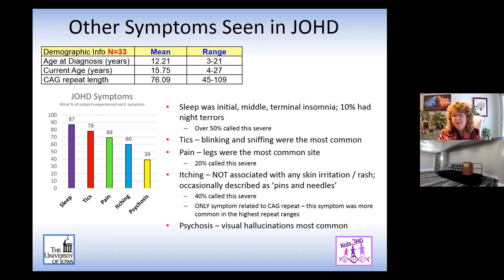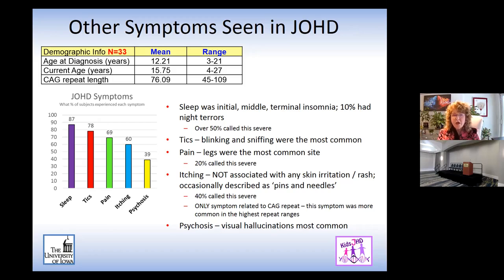And over 50% qualified that as severe. It was everything from initial insomnia, meaning not falling asleep, middle insomnia, meaning you fall asleep and then wake up and can't get back to sleep, terminal insomnia, meaning you fall asleep but wake up early, and 10% had night terrors. So sleep disturbance was very common and quite severe.